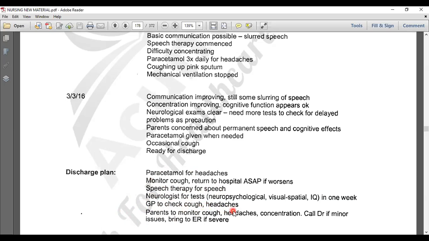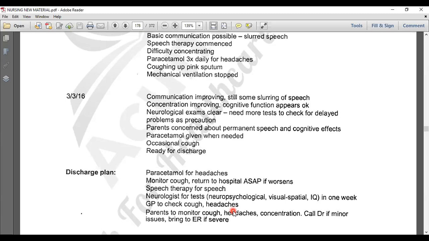And of course, when you are writing a letter to the GP, it's very different from a community nurse. Because of course, a community nurse will be visiting the patient on a daily basis, and they might be observing the patient daily. They might be assisting with a few things. But when it comes to the GP, they are mainly responsible for maybe seeing the patient on alternate days or maybe once in a week.